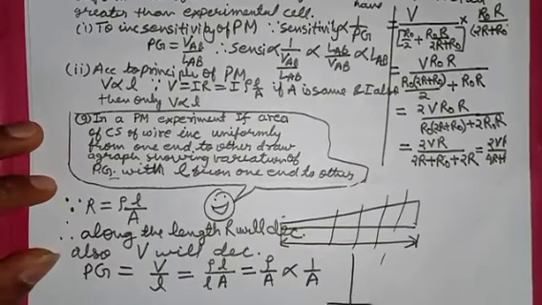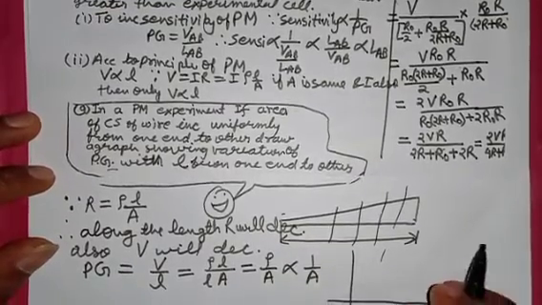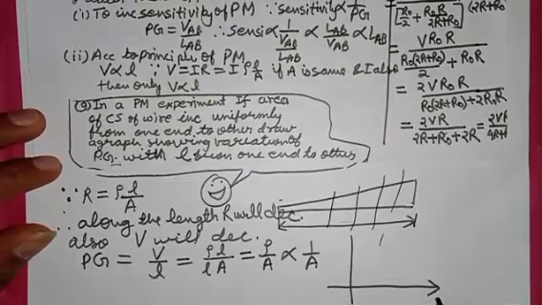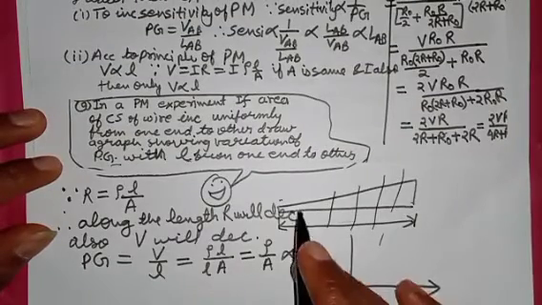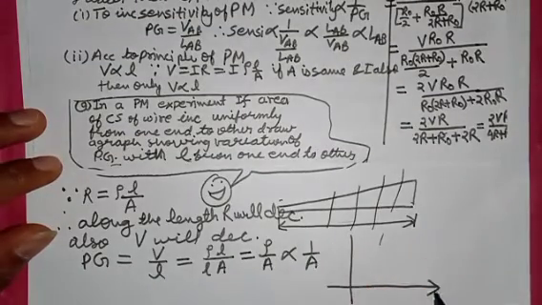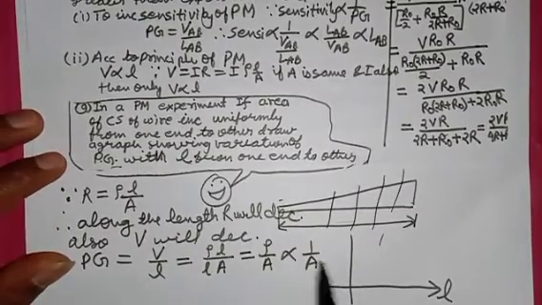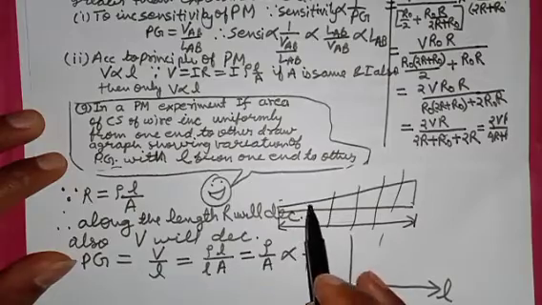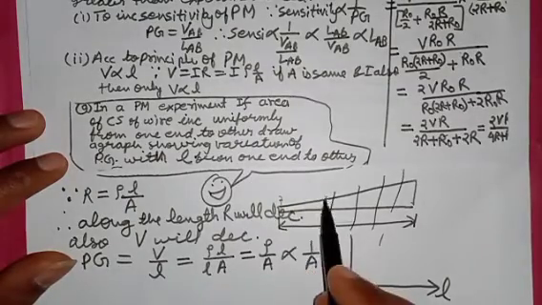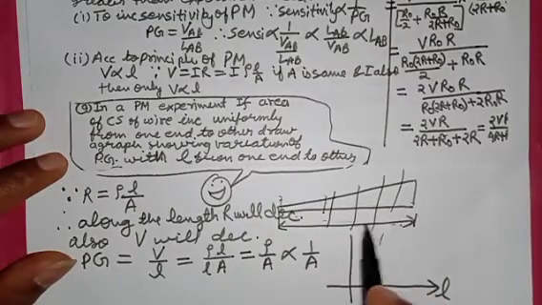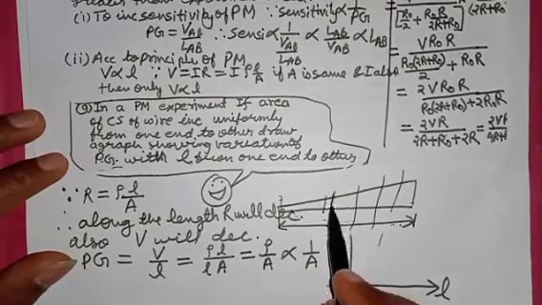So if we draw a graph on moving from this end to this end, with increase in L, actually this is not the graph between potential gradient and area. This is the graph between potential gradient and how it is changing with length. Actually, with this length, area of cross section is changing.